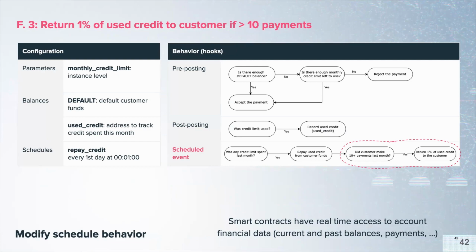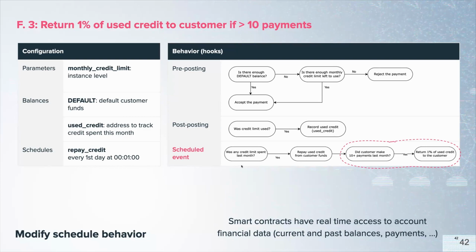So as you know, the feature request is that in case that the customer fulfilled some conditions, they don't have to repay everything back to the bank from the credit limit that they used, meaning that they only have to repay the 99% of the used credit limit, or the bank will return the 1% of the used credit limit back to the customer.